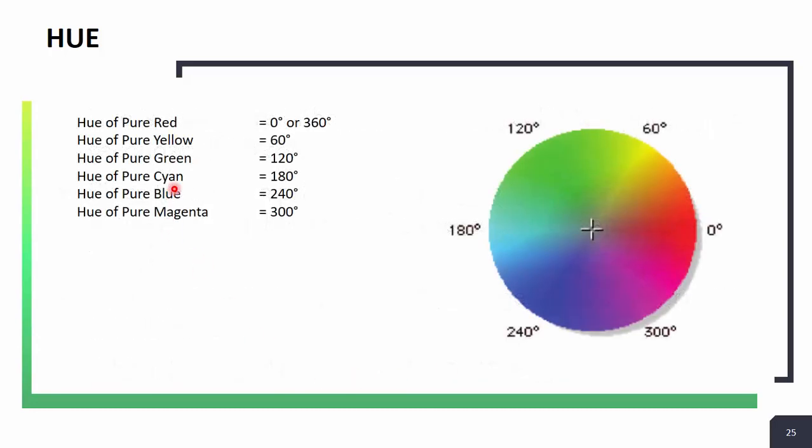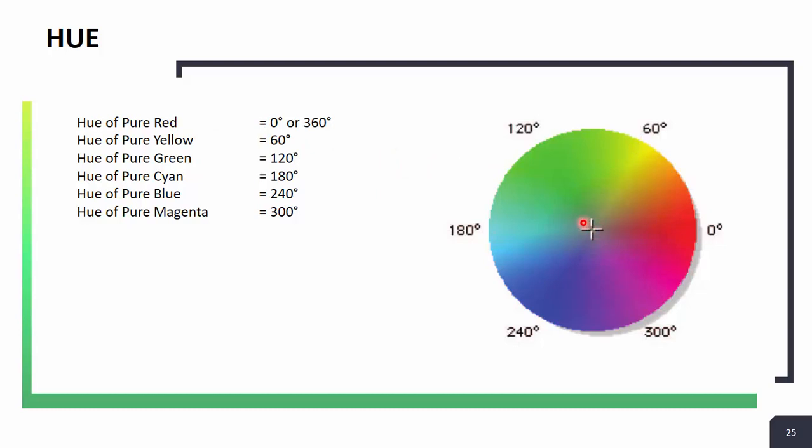For example, we put red. This is arbitrary, but normally by default, we put red at hue 0 degree over here, or 360, because 360 and 0 degree overlap at the same place.